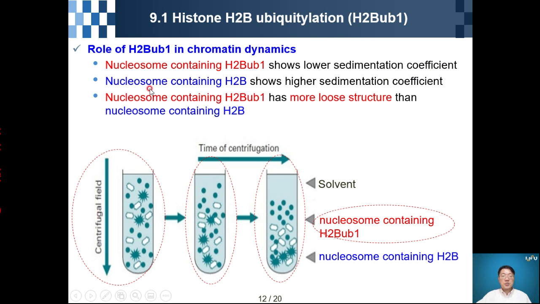However, nucleosome containing H2B is located in the bottom region, which means it shows the higher sedimentation coefficient. So nucleosome containing H2B-UB1 has a more loose structure than nucleosome containing H2B. This is the experimental result showing the role of H2B-UB1 in chromatin dynamics.